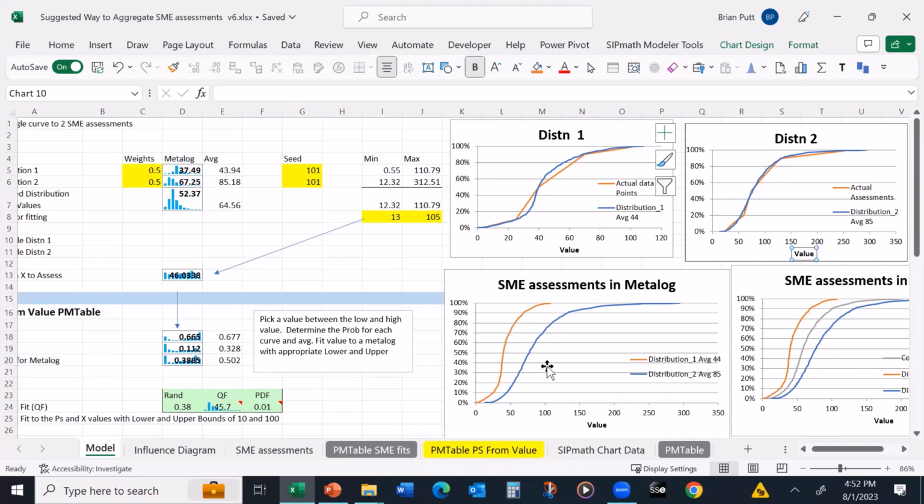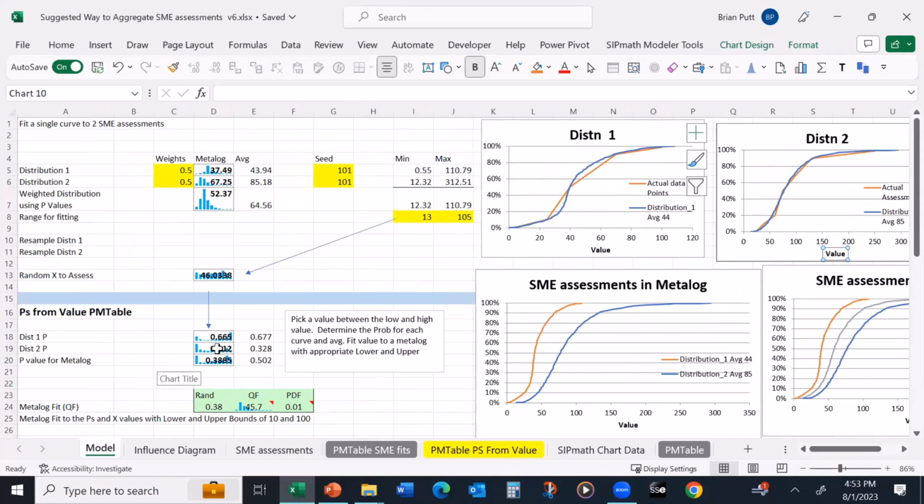Well, you can see that if I tried to assess a percentile for the value 200, I'd find it for metalog 2, but not for metalog 1. So really the values I'm going to assess are between this number here to this number here, okay? Those are the only values where I can get percentiles for both distributions. So I'm going to do that. And then I'm going to average those percentiles.